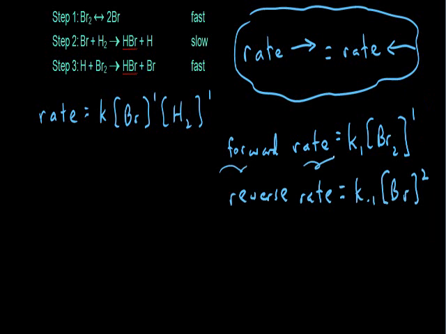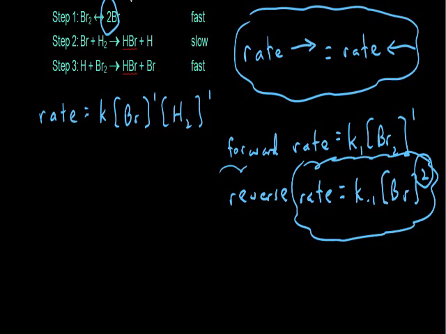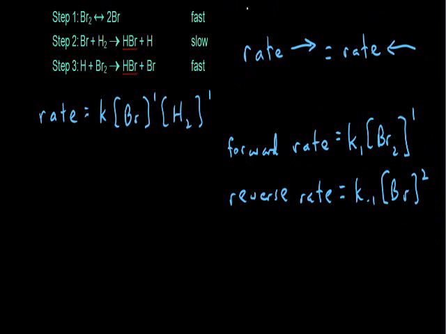Similarly, we can write a rate expression for the reverse process in this equilibrium, where rate is k minus 1, indicating it's the reverse reaction, times Br squared, because the coefficient of Br in this step of our reaction mechanism is a 2, which gives us the exponent for this rate expression in our preliminary process.